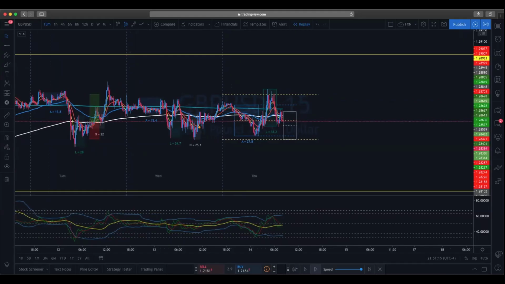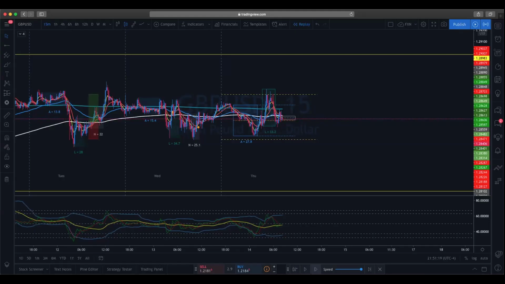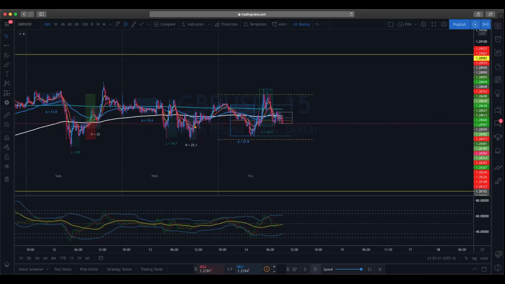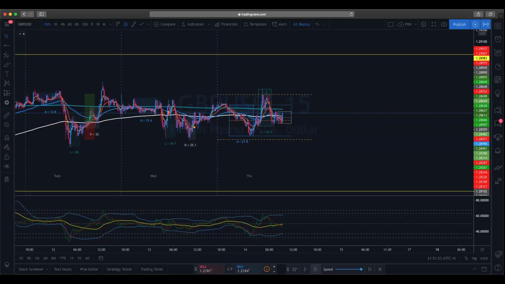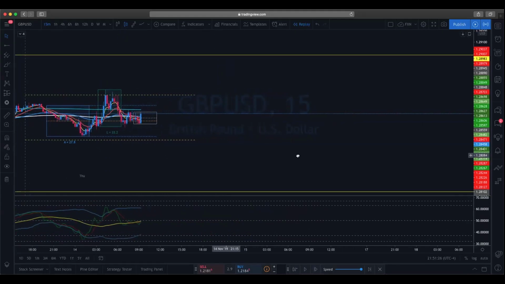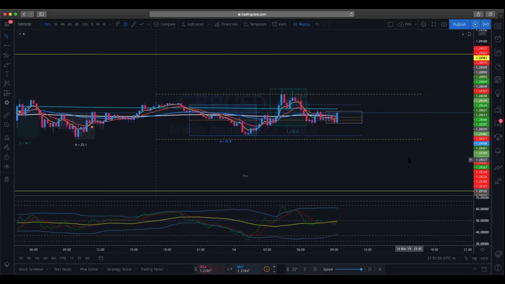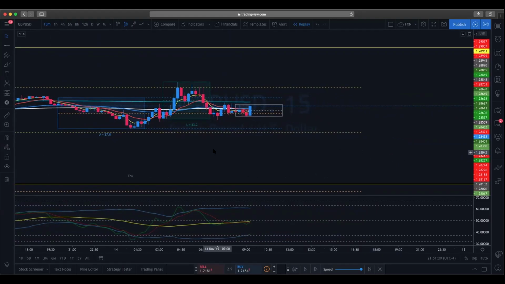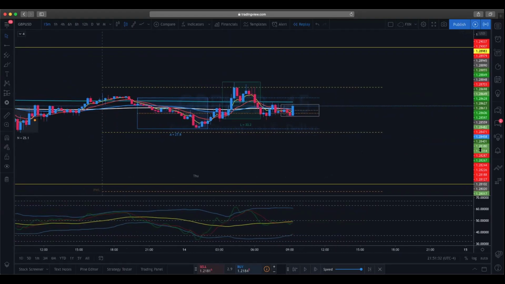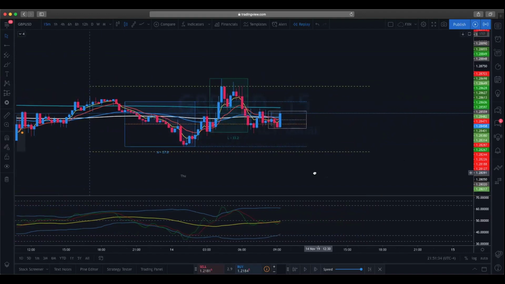Yeah, it's complete garbage. I mean, the only thing that I could see here is the fact that you're literally in the middle. Do you see that?